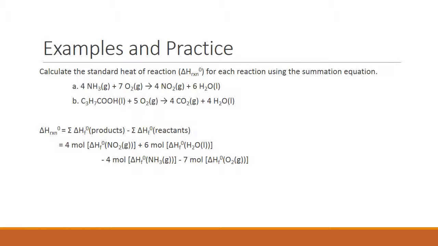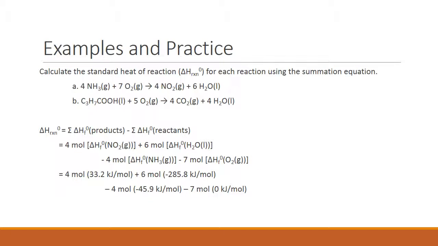So if you look those values up on the table, you will see these numbers. For the standard heat of formation of NO2 gas, it's a positive 33.2 kilojoules per mole. And then for the liquid water, that's a negative 285.8 kilojoules per mole. For the ammonia gas, that's a negative 45.9 kilojoules per mole. And for the oxygen, because that's in its standard state, O2 gas, that's 0.